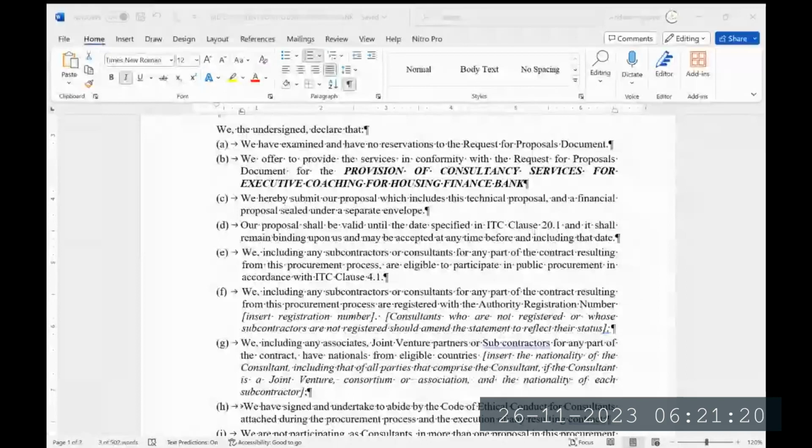We, including any associates, venture partners, subcontractors, have nationals from eligible countries. Insert the nationality of the consultant, including all parties that comprise the consultant if the consultant is a joint venture. And then we say the eligible country is Uganda.